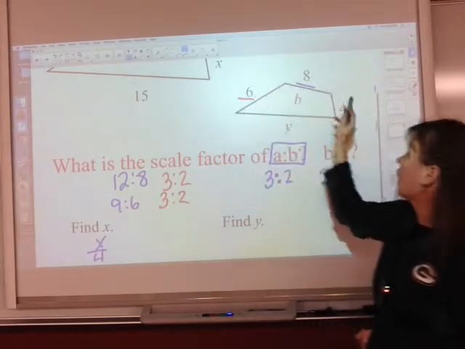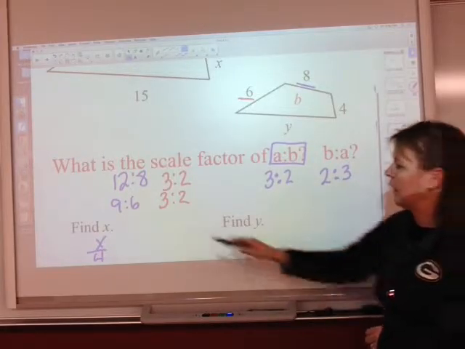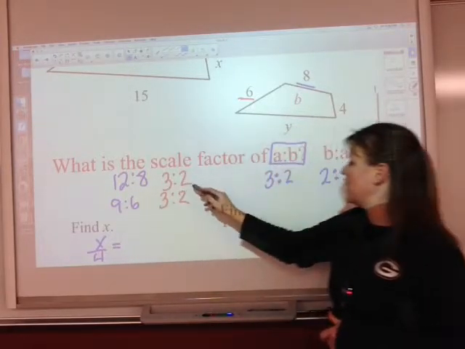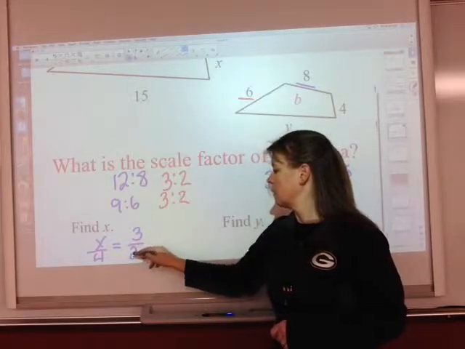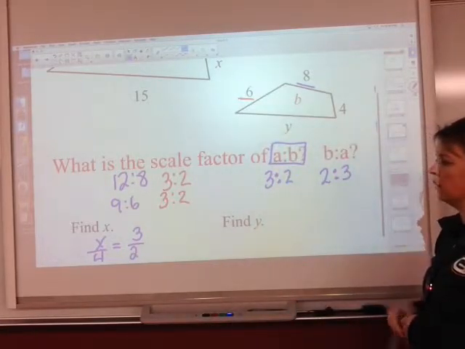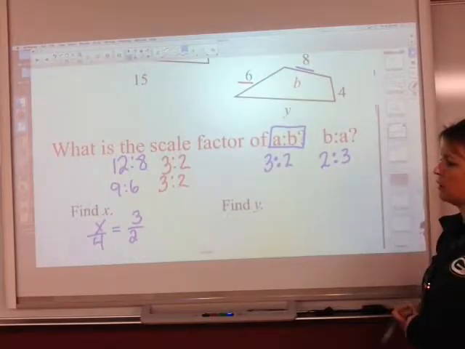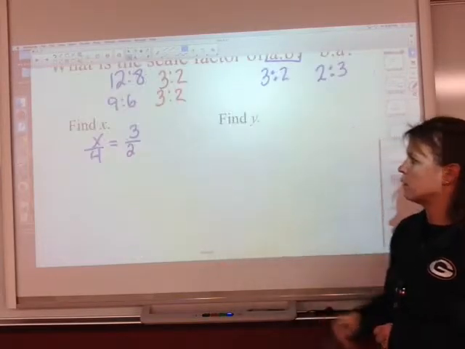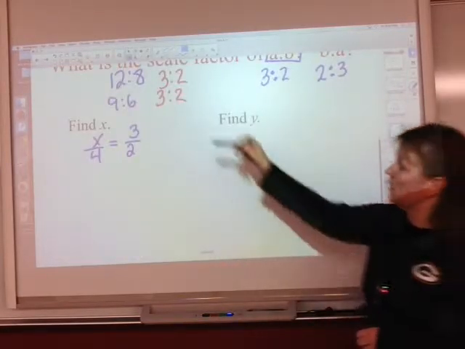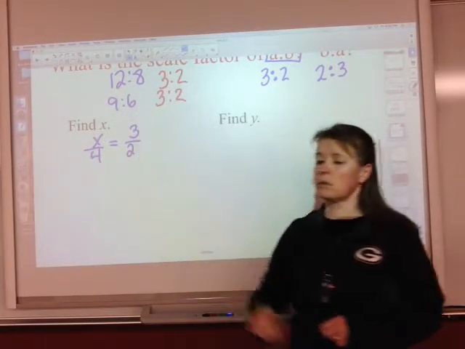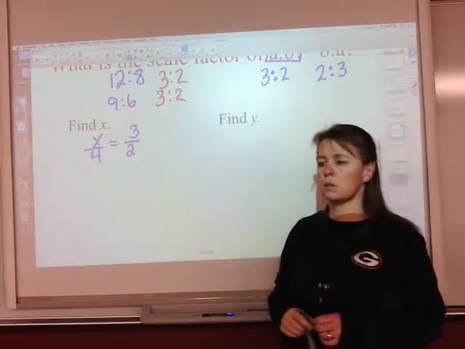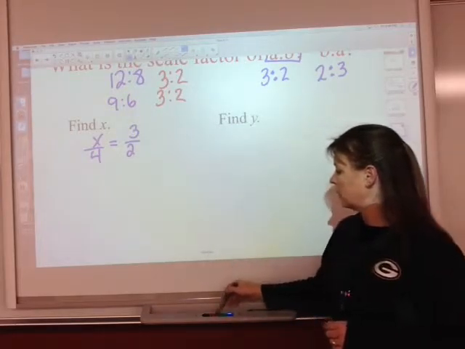X and 4 are corresponding sides. X comes from quadrilateral A, meaning its scale factor is 3, to the scale factor of B, which is 2. That gives you a proportion to solve. X over 4 equals 3 over 2. You could use 12 over 8, 9 over 6 as other ratios right there, but you might as well use a smaller, more reduced format.